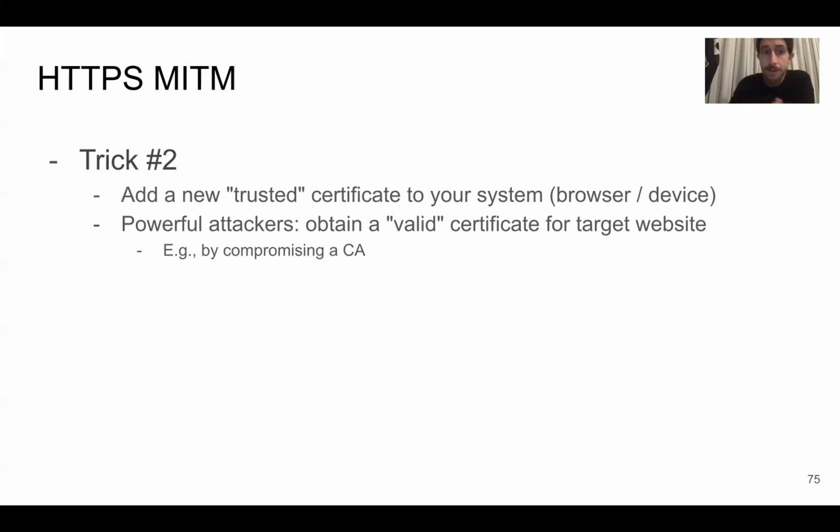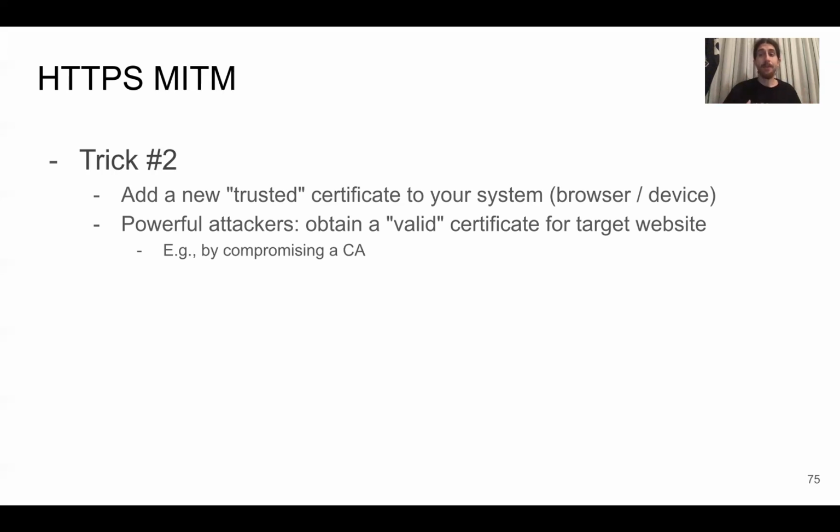Of course, if I need to manually add a trusted certificate, then basically I can create a certificate myself and then use it to sign your thing. But of course, there are some powerful attackers that could compromise legitimate certificate authorities. What is a legitimate certificate authority?